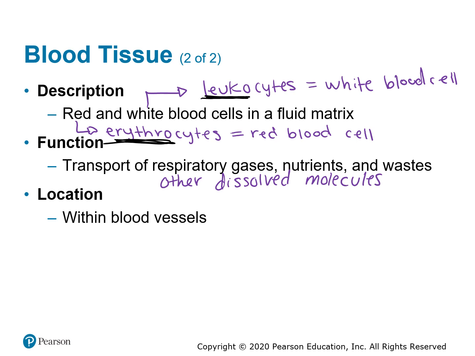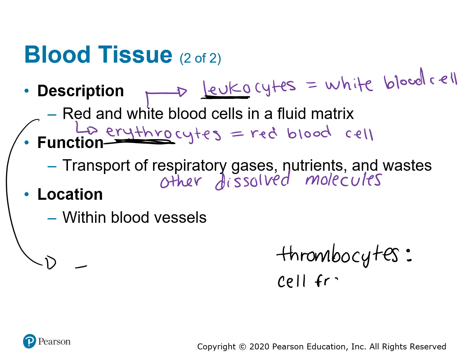There's one more important cell type of the blood tissue, and those are going to be thrombocytes. And thrombocytes are basically just small cell fragments that are used in blood clotting. They're also called platelets. If you've seen Cells at Work, the little platelets are my absolute favorite.